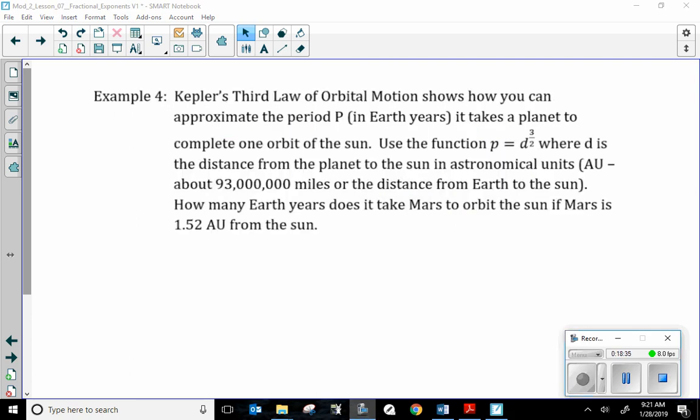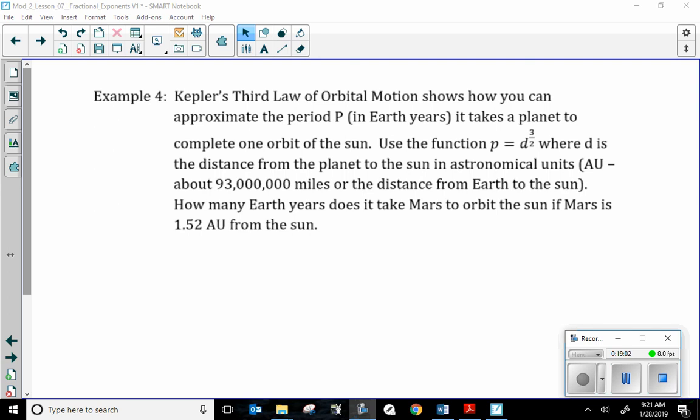I love me some space in the cosmos. Example 4, Kepler's third law of orbital motion shows how you can approximate the period P, which is in Earth years, it takes a planet to complete one orbit around the sun. Use the function P equals D to the 3/2, where D is the distance from the planet to the sun in astronomical units, AU.